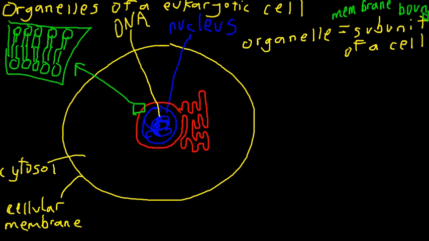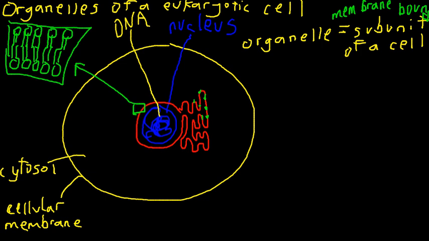What I just drew there is the endoplasmic reticulum. The endoplasmic reticulum is actually a continuation of the outer lipid bilayer of the nucleus, but it's considered its own organelle. There are some ribosomes attached to some parts of the endoplasmic reticulum. These little green dots, we're going to call ribosomes.